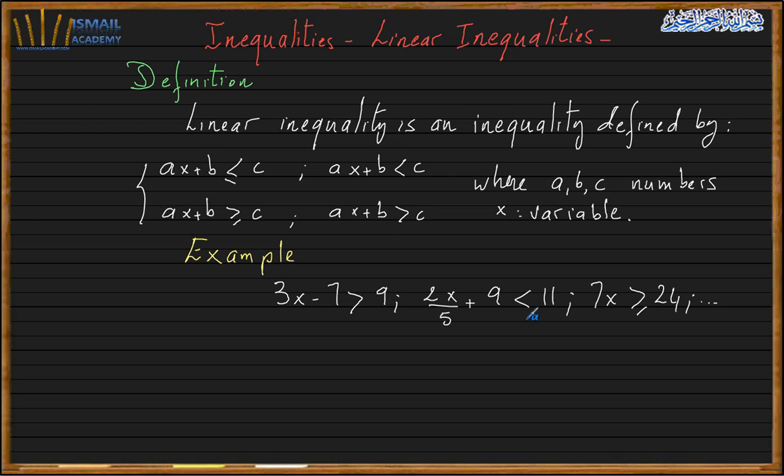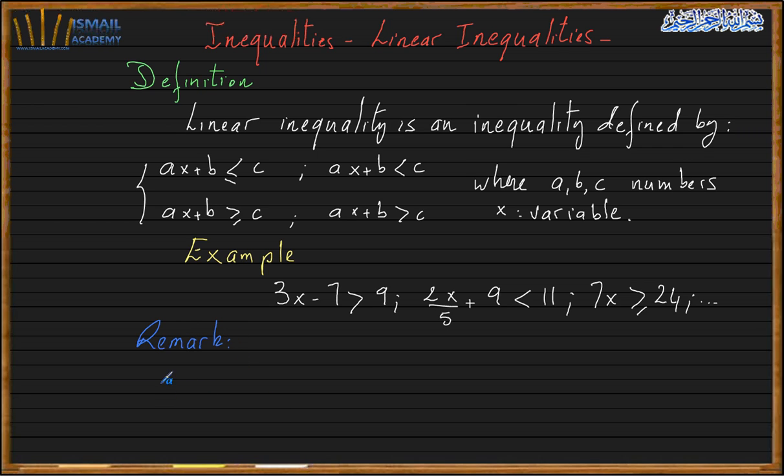Those are examples of linear inequalities. Most of the time this type of inequality is called a two-step linear inequality because it involves two steps to find the answer.